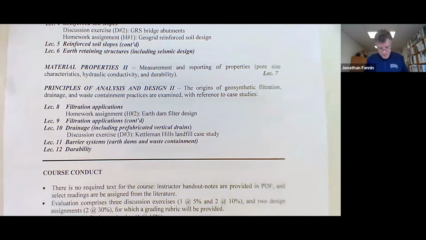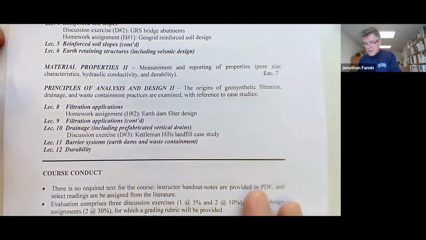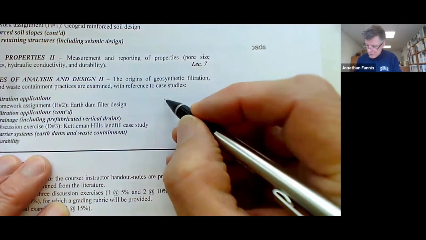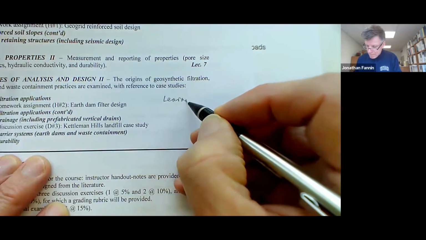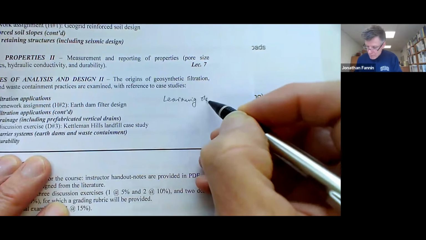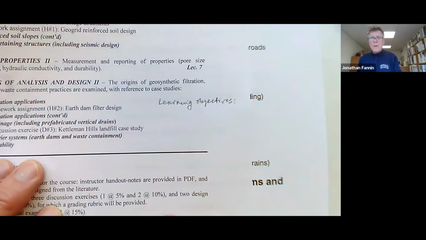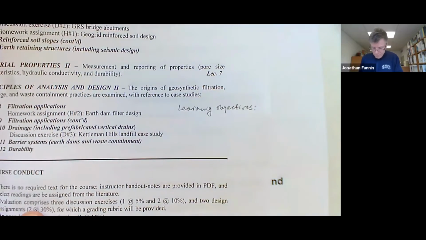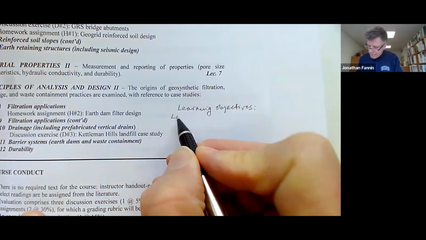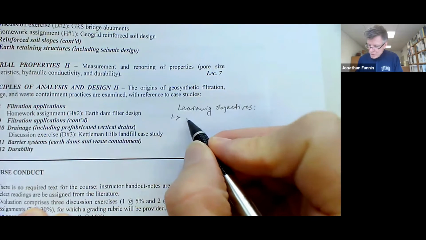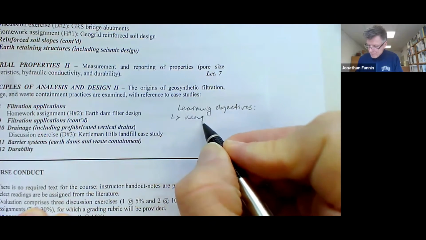So my game plan, the learning objectives for today, let's set those out for lecture number 11. The learning objectives are to examine the nature of the emerging design philosophy.